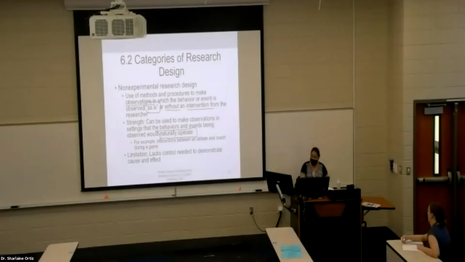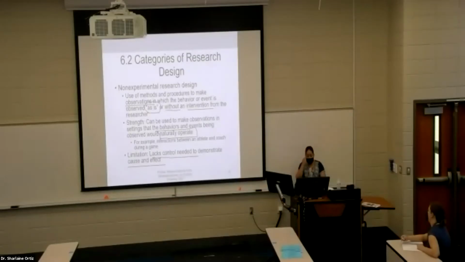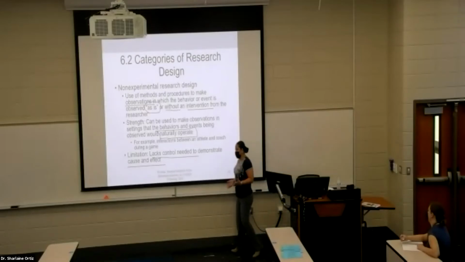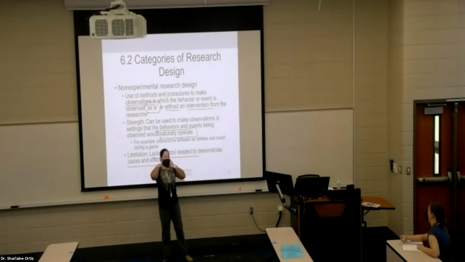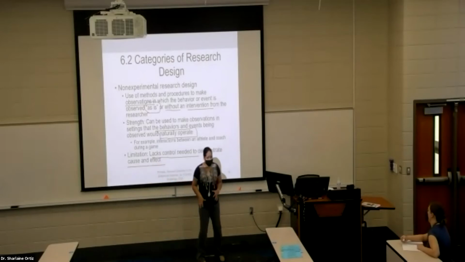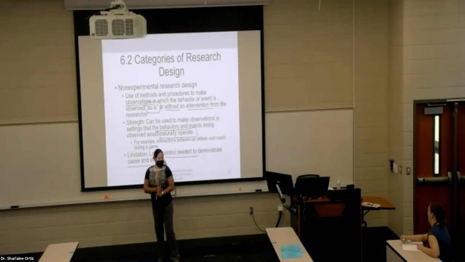But because I am observing you naturally, that's also its demise, its downfall, because now I am lacking the control to demonstrate cause and effect. What does that mean? Let's suppose that I'm conducting this study and I want to study the flirting behaviors of college-age students in their natural habitat. I don't have control of the club or the flirting behavior. Who do you talk to? How long do you talk to them?